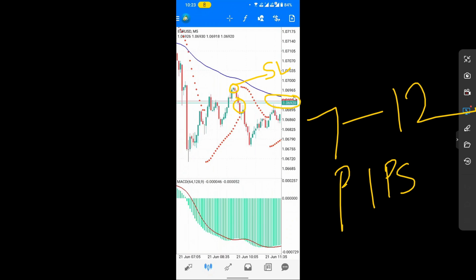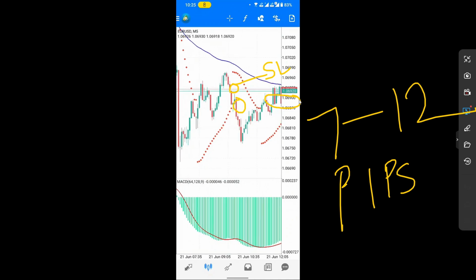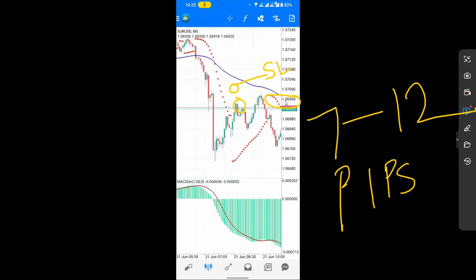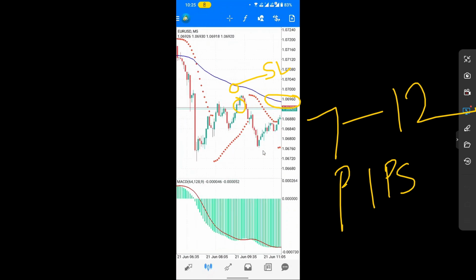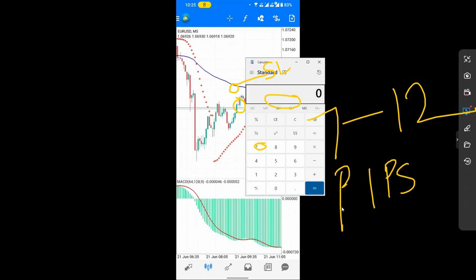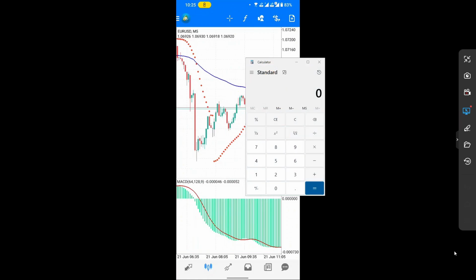You can see the market was around, I think, 6.8920 only, and it went down to 760. So this is where I booked my profit that day. And if you count that, I will use a calculator. You can count that, this is basic calculation.